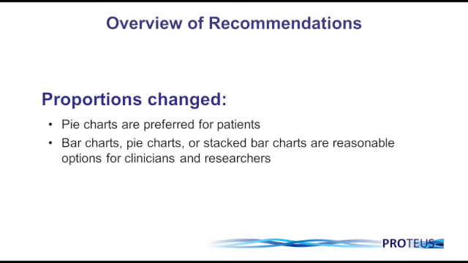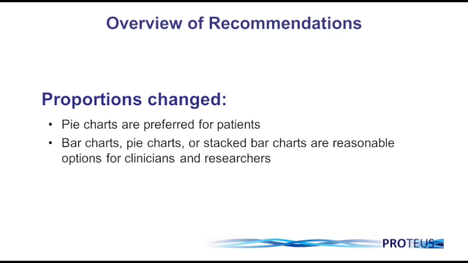Finally, in some instances, clinical trials report the proportion of patients in each arm meeting a responder definition. That is, the proportion of patients who might be improved, stayed the same, or worsened by some change score criterion. In cases where a proportion needs to be displayed, the recommendations are to use pie charts for patients.